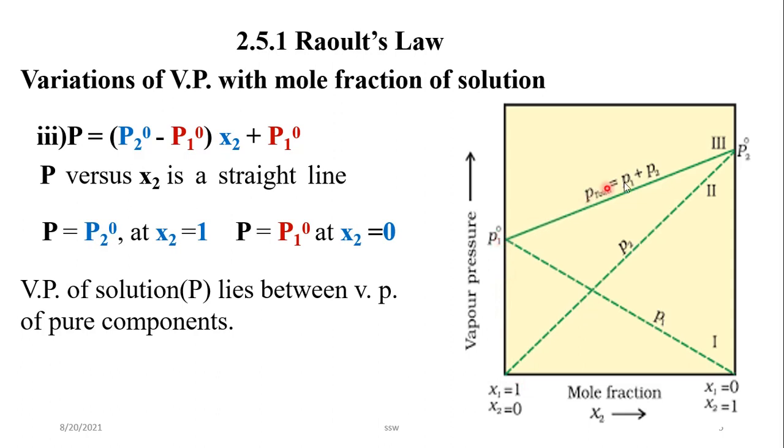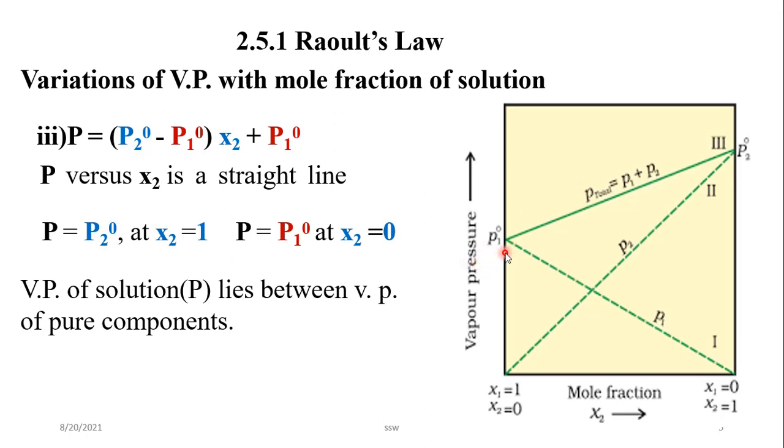And if you join these two points, what do we get? The graph of the total vapor pressure of the solution, and that total vapor pressure, P, is equal to P1 plus P2. That means the vapor pressure of the solution, P, lies between what?